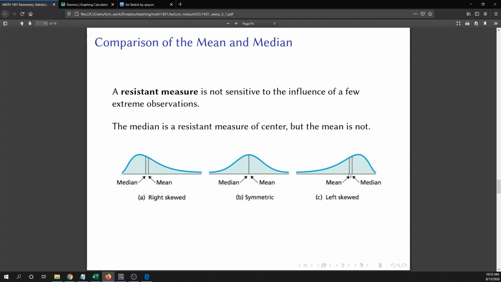Sorry, not the median, but pull the mean down, so that the mean will be less than the median here. And so again, you'll see lots of studies that report the median household income or something like that, and that's because it is a more resistant measure of center.